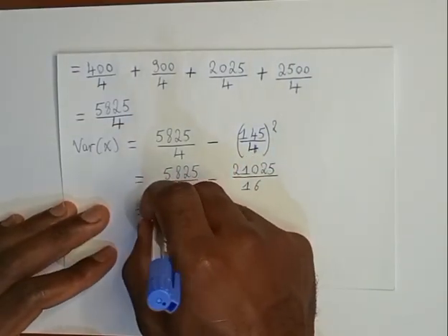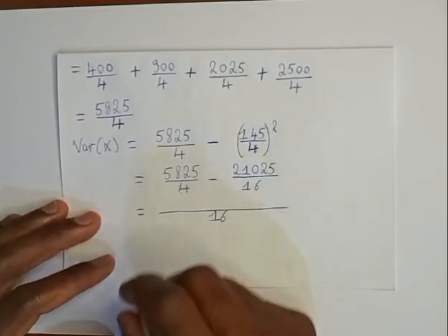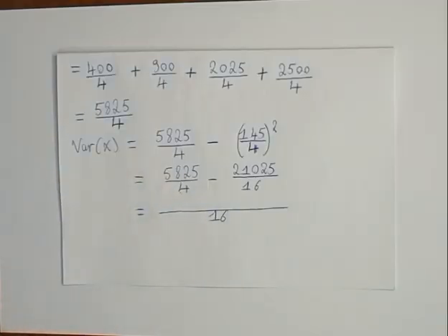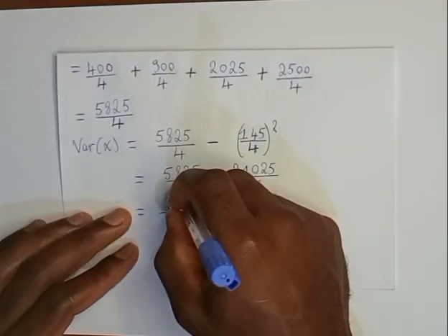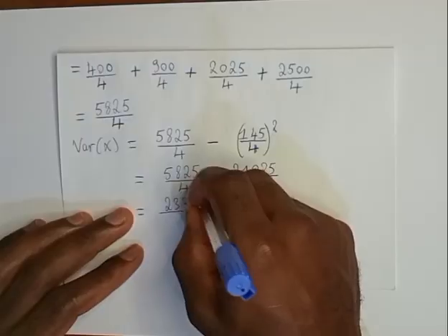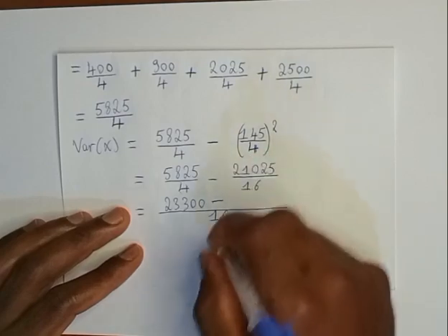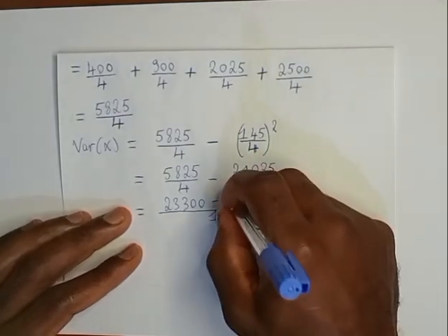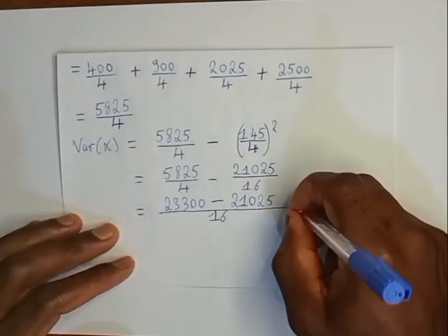We need the LCM of their denominators, which is 16. 16 divided by 4 gives us 4 times 5825 gives us 23,300, minus 16 divided by 16 gives 1 times 21,025, which remains 21,025.